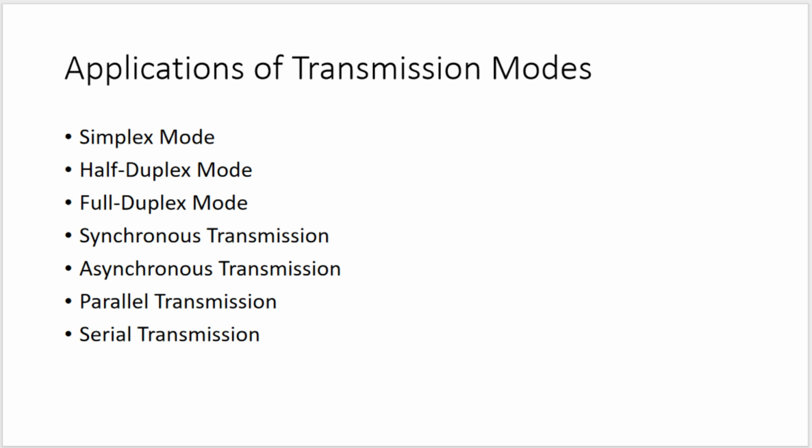Number two, half-duplex mode, common in communication devices where cost and simplicity are prioritized, such as two-way radio and some wireless communication systems. Point number three, full-duplex mode, essential in modern telecommunication systems, including telephone, mobile phone, and network communication.